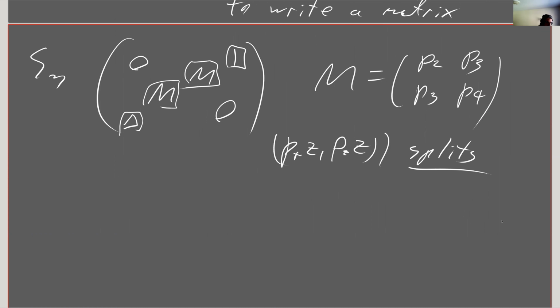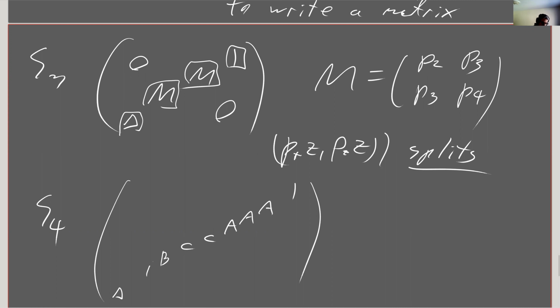Okay, for the case of S4, we were able to do this as well in the paper with Buchweitz and Faber, and we got something that looked like this. I'll write A, B, C, C, B, B, B. We ended up getting C twice, A, B three times, and B, A three times.